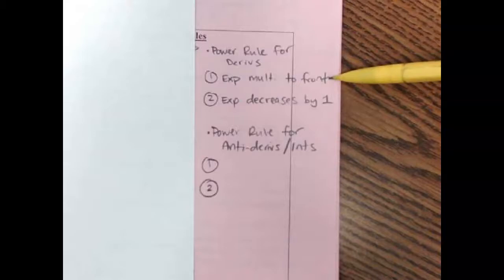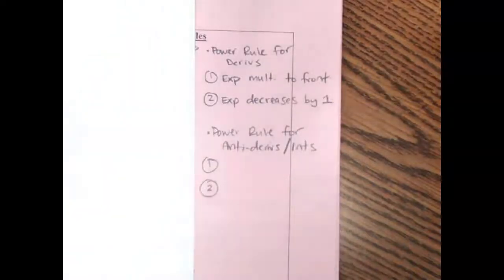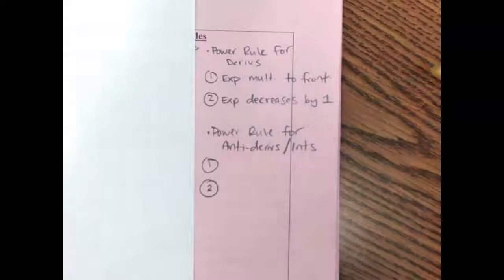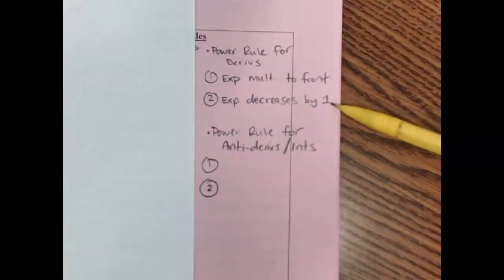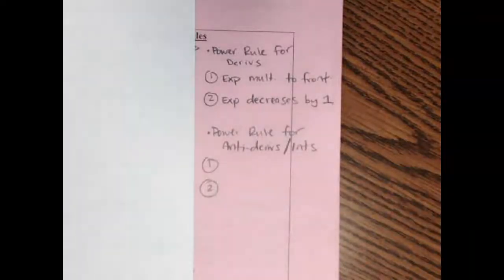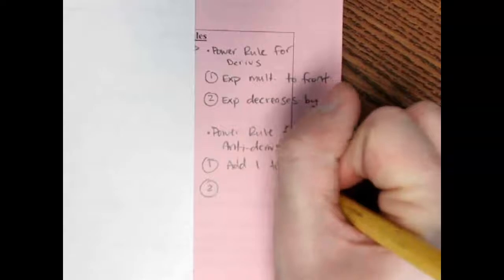First thing, the exponent multiplies to the front, then the exponent decreases by 1, right? You subtract 1 from the exponent. That means if I want to integrate, the order is reversed, the verb is the opposite. If the last thing that I did was subtracting 1 from the exponent, the first thing that we're going to do in this inverse process is add 1 to the exponent.